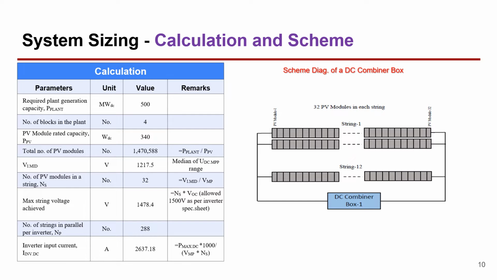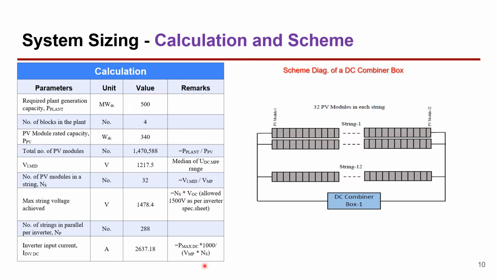System sizing, calculation and scheme design. Now, based on the total capacity of the plant, which is 500 megawatt, and individual PV module rating of 340 watts, the total number of PV modules required for this project is derived, which is 1.47 million modules.